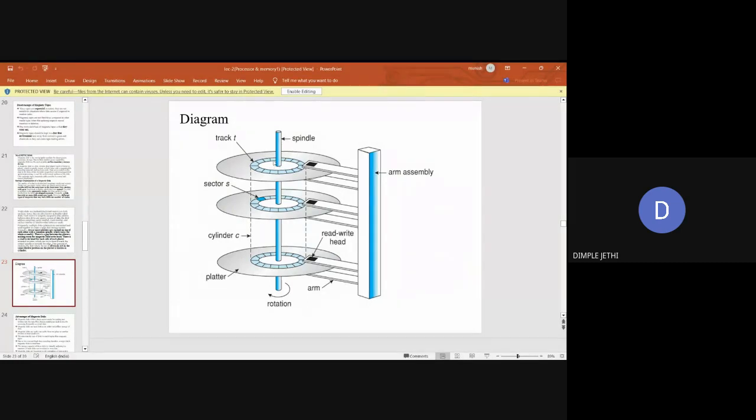Whenever you say save this file or open this file, it searches the address of that file through its track number and sector number. Track means in which circle, and in that circle, which pie shaped partition is your sector number. Is it clear?